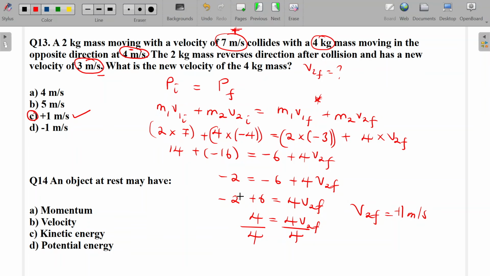Then the 6 came to this side: negative 2 plus 6 equals 4 V2F. Then 4 over 4 equals 4 V2F over 4. When I divided, I got positive 1. As a result, my final velocity for the 4 kg mass was positive 1 meter per second. Are we together?